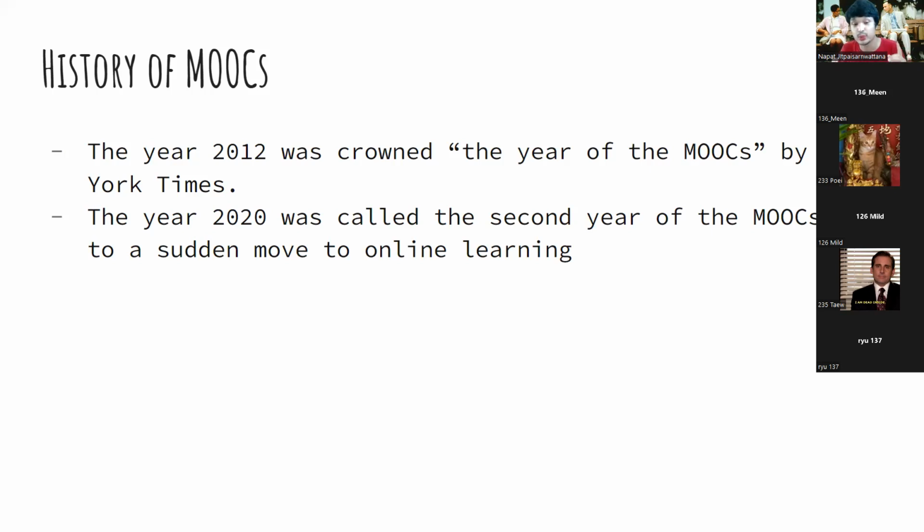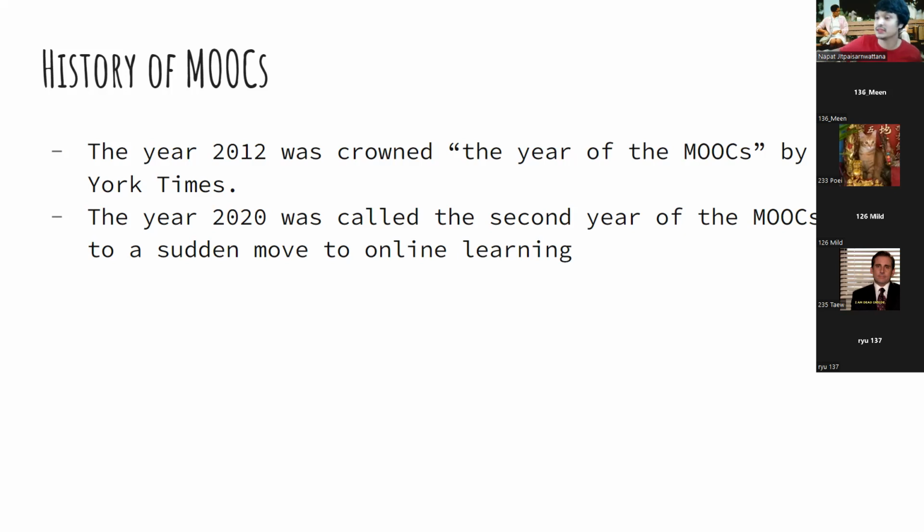It came back in 2020, and the year 2020 was called the second year of the MOOC, right? So 2012 was the year of the MOOC, supposedly the first year, and 2020 was called the second year because, as you know, COVID-19 happened in 2020. There was a sudden move to online learning and online teaching, right?